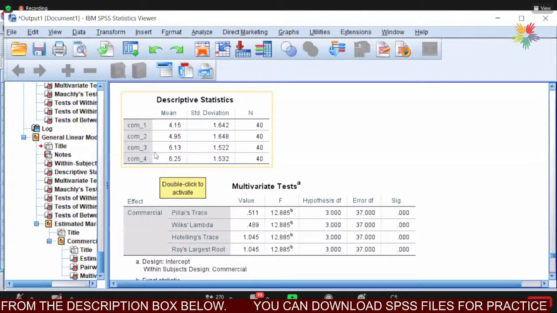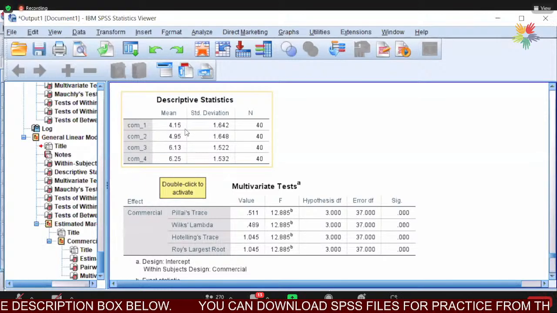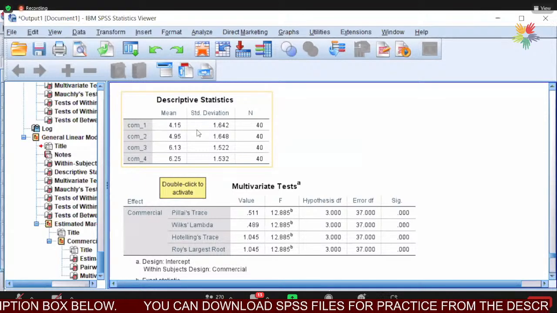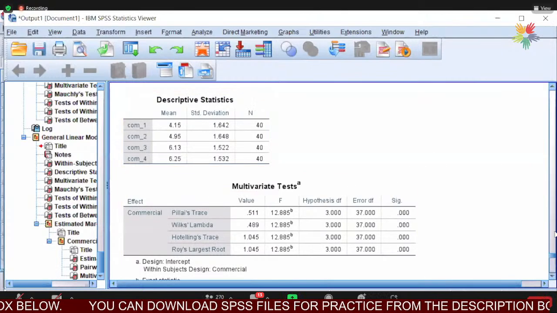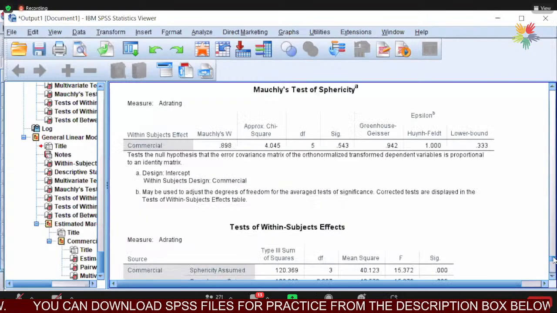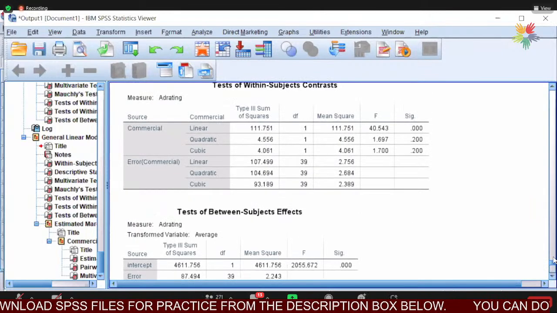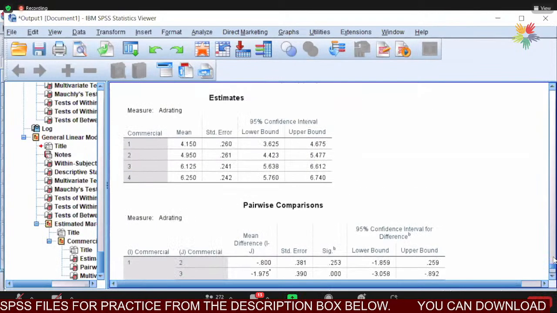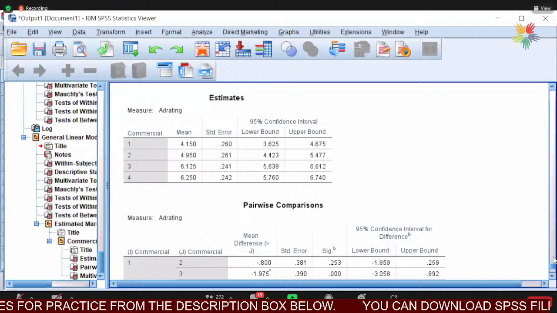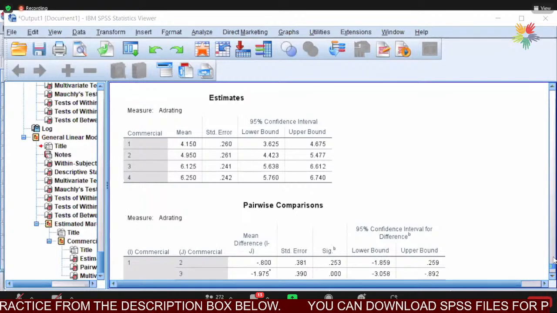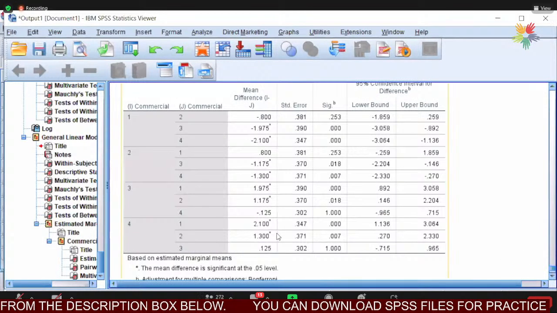Whether each one is completely different or not, we will look at the pairwise comparison.